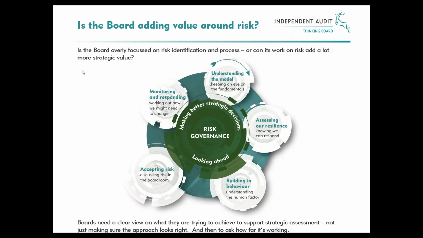And moving around, it's the same point I made earlier. Everybody knows that good risk management is dependent on behaviors. So similarly, when the board thinks about risk, it often needs to look much more at the behavioral factors, the human factor aspects of the way risk is being taken.